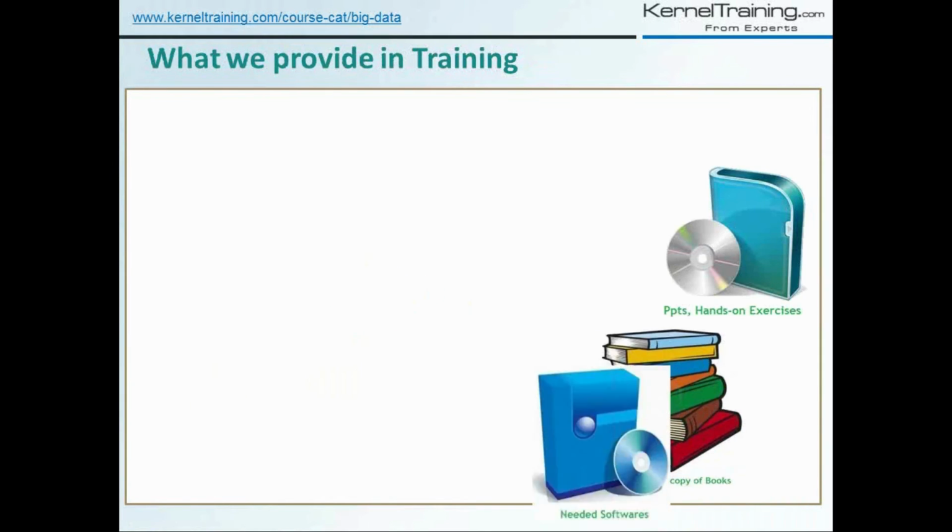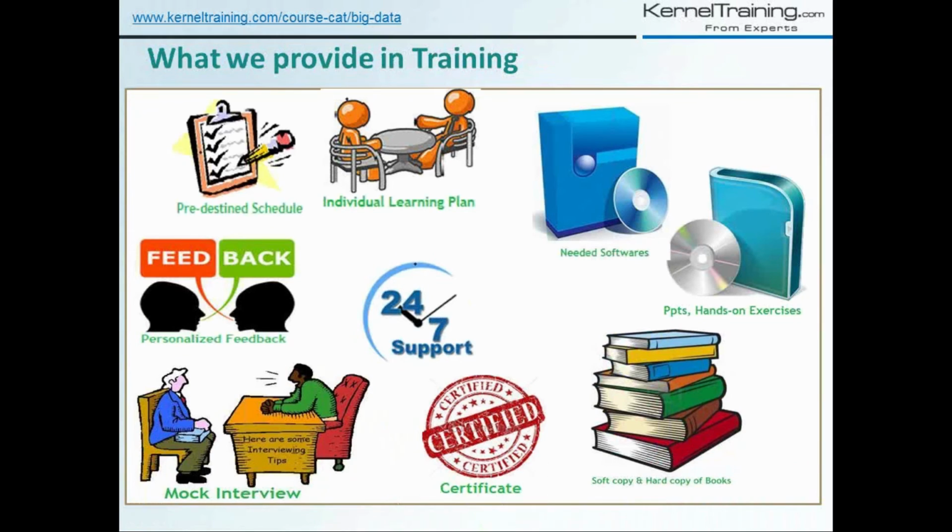What we provide in the training, we will provide all these things as part of our training. We will provide you online training, and all the needed software will be installed in your machines. All the PPTs and hands-on exercises will be shared. Whatever I show you in the hands-on exercises will be given to you in the form of PDFs, so soft copies will be provided to you.